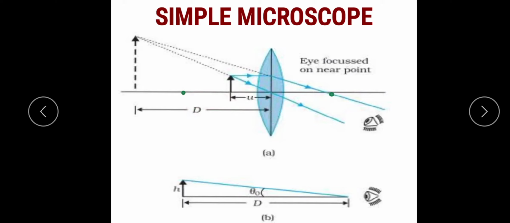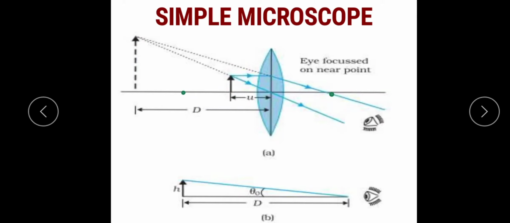In such a condition, a virtual, erect, and magnified image of the object is formed. This is the condition to get the enlarged image: the object should be within the focal length, near to the lens.